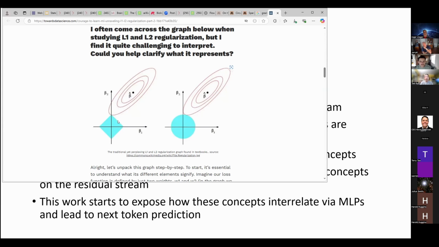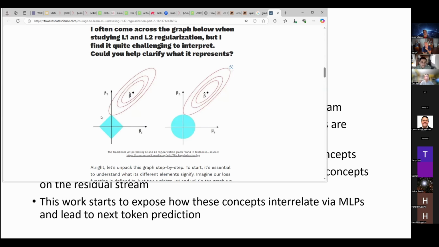But they no longer all point at the origin. The gradient is at a 45-degree angle unless you're on one of the axes. Once you're on an axis, then the gradient points directly towards the origin.